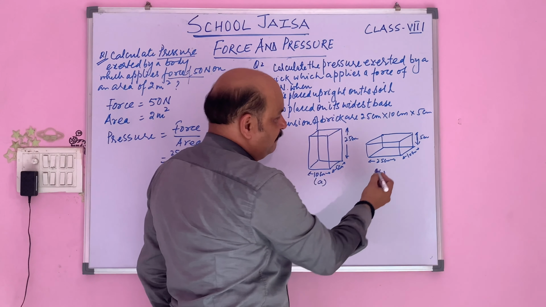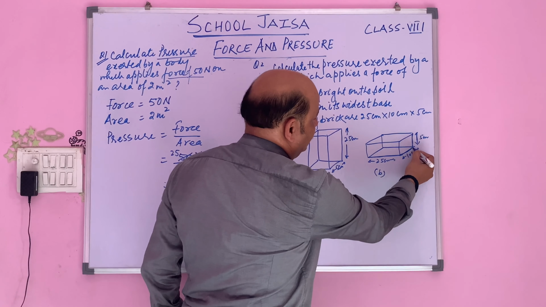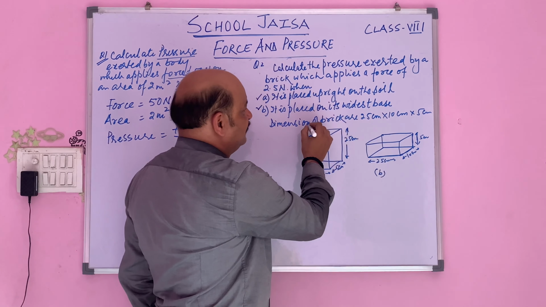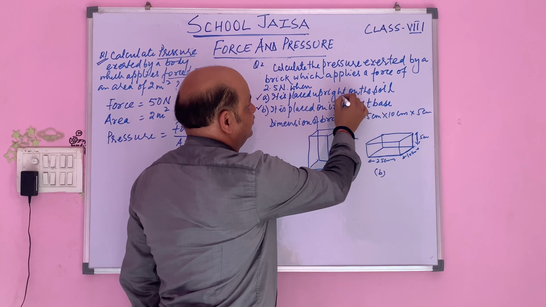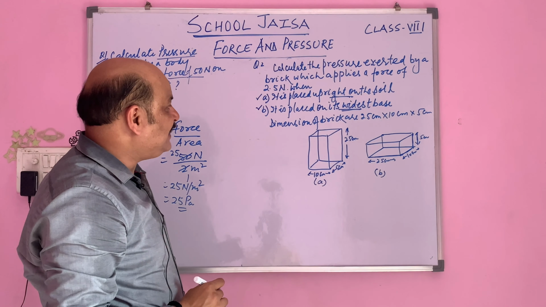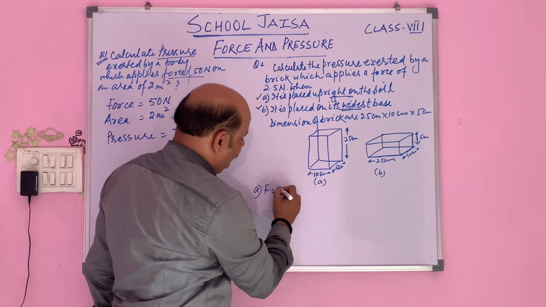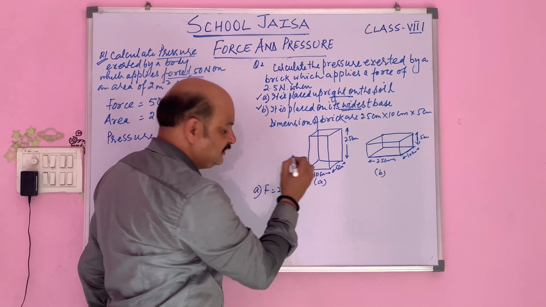When we take the second part, the length is this, breadth is this, height is this. I made this diagram on the basis of these sentences, that is upright and widest base. So in the first part, the force is going to be 2.5 Newton as it is.